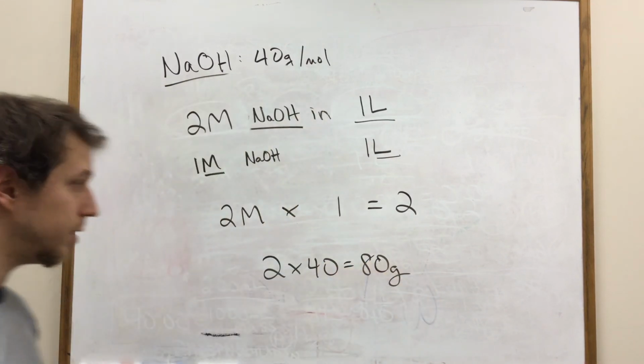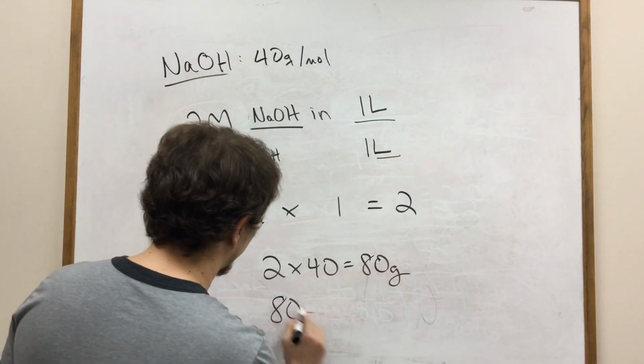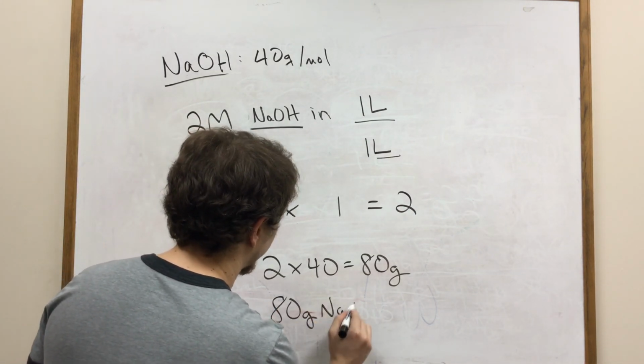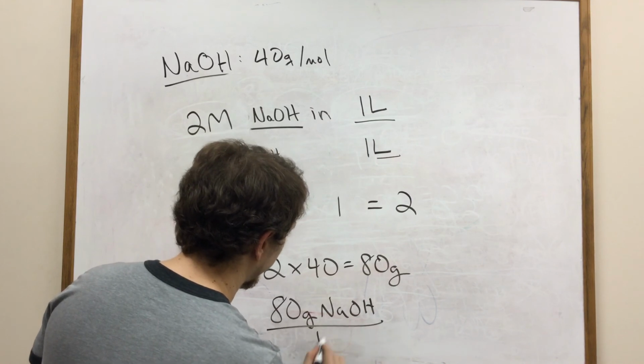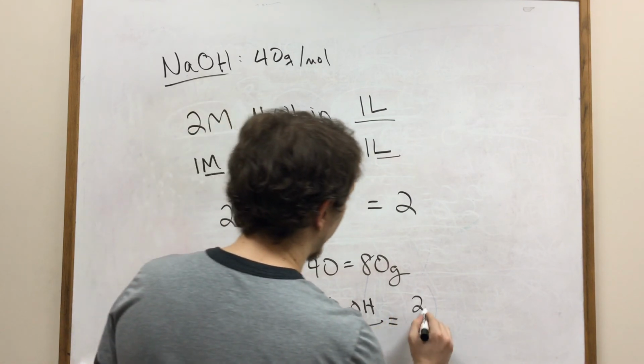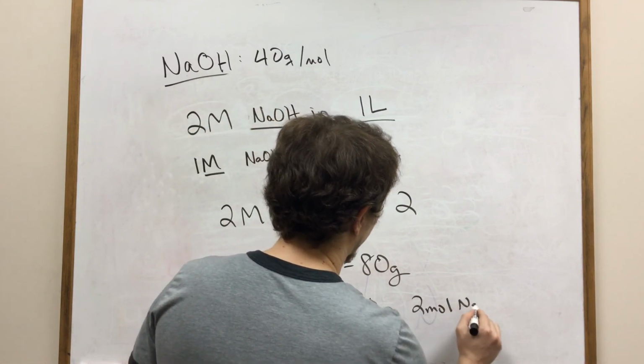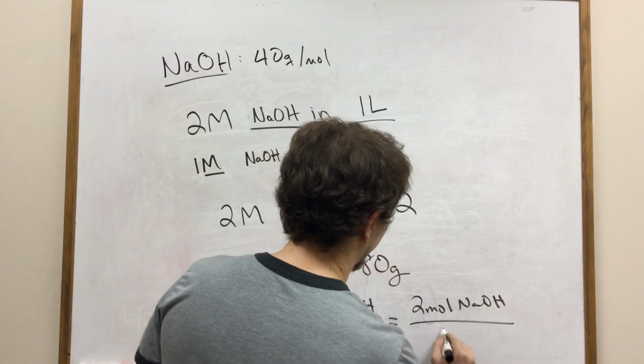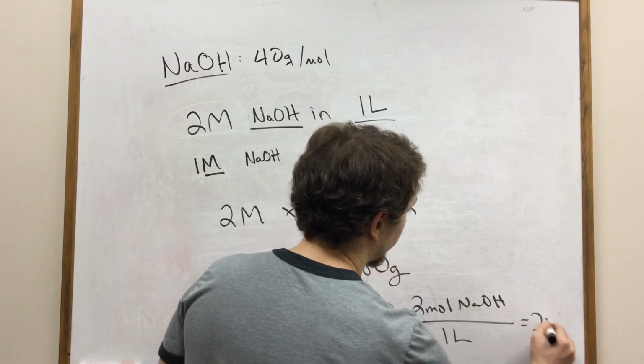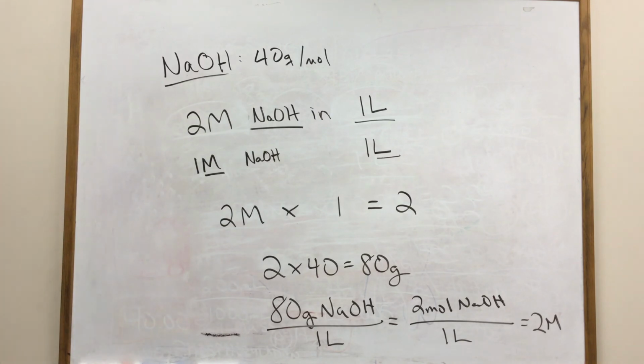And let's just verify this. If I have 80 grams of sodium hydroxide over 1 liter, that is equal to 2 moles of sodium hydroxide in 1 liter, which is equal to a 2 molar sodium hydroxide concentration.